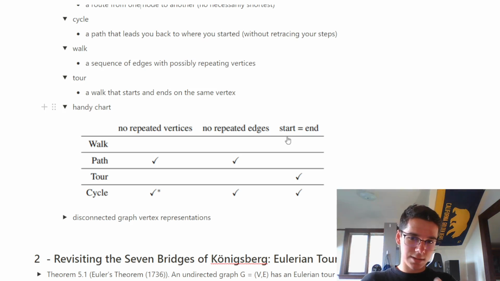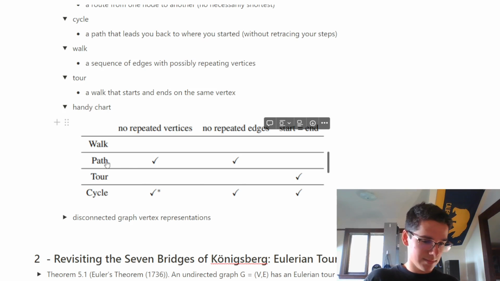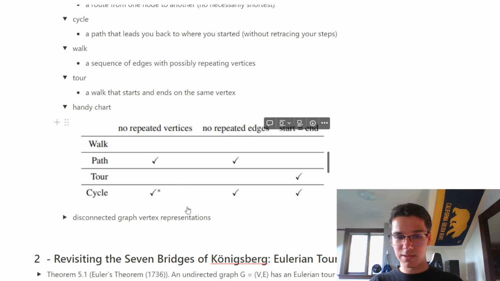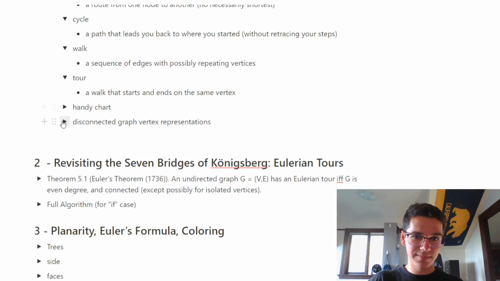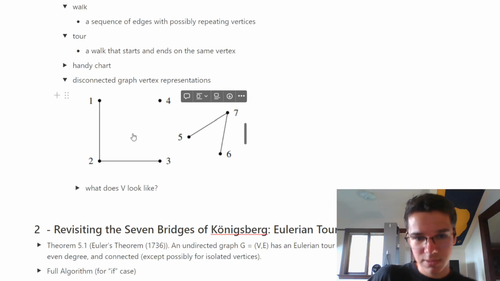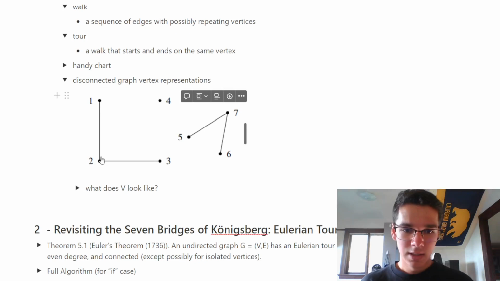Don't listen to me, honestly, just look at this chart and understand what it's saying, because saying it out loud, I get confused between an empty spot and a check. Disconnected graph representation isn't super important.